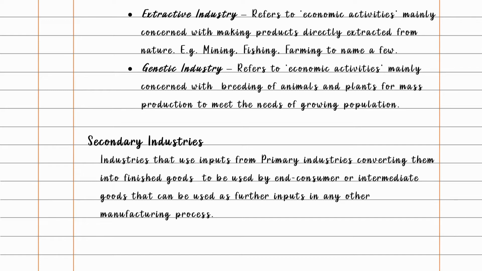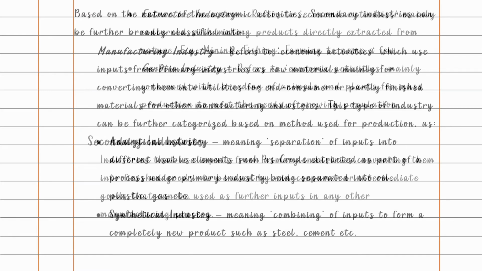Why are we calling this an intermediate good? Because it's not a finished good. It is something which is again going to be processed and finally made into something which will be used by the end consumers. And we'll come into the different types of secondary industries to clarify this point further.